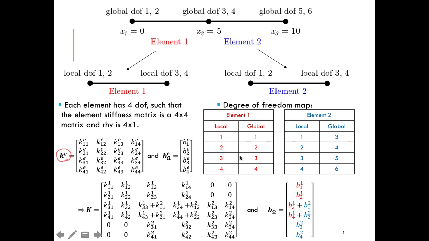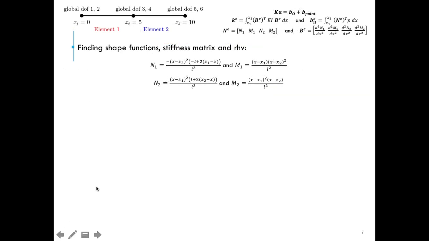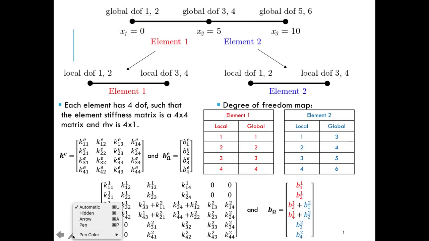But basically just by looking at this problem I can see that it's only the global degrees of freedom 3 and 4 जिसके ऊपर वो दोनों elements contribute कर रहे हैं. So only for the global degree of freedom 3 और 4 वाली जो सारी terms हैं, these ones right here. So 3 3, 3 4, 4 3 and 4 4, उसके ऊपर दोनों एलिमेंट्स की कोई कंट्रीब्यूशन होनी है. और वो कंट्रीब्यूशन क्या है?